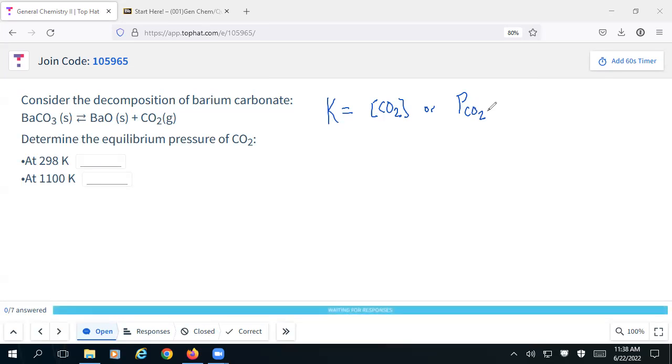It would be the same either way. So if we use our equation here, this will give us the value of K.